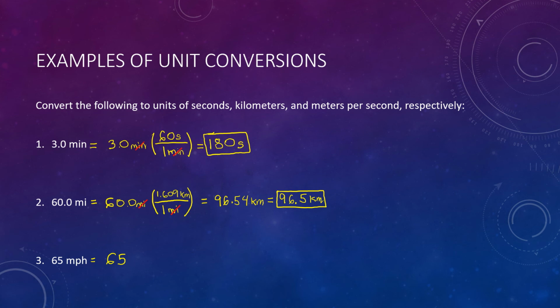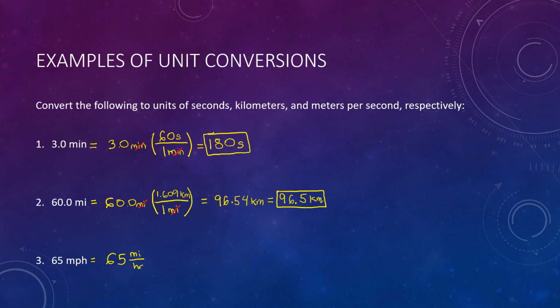Miles per hour is the same as writing mi over hr, so miles per hour. So that's the same thing. I like to write it like this because it shows very clearly which one's in the numerator, which one's in the denominator. Just having mph can be a little confusing.